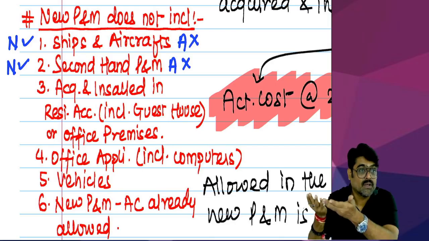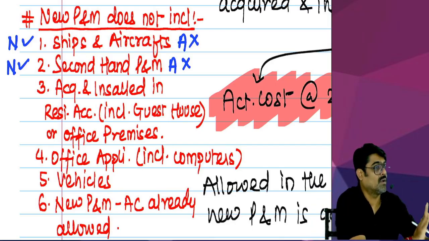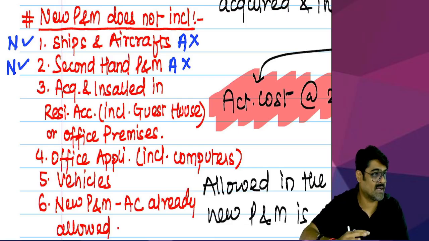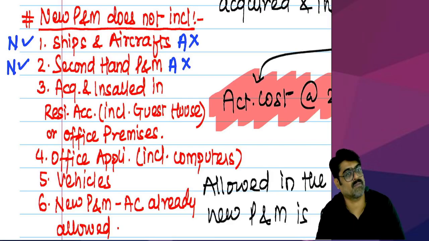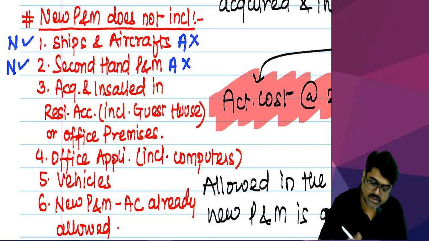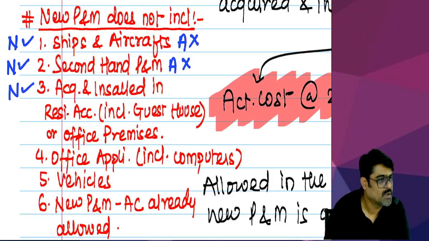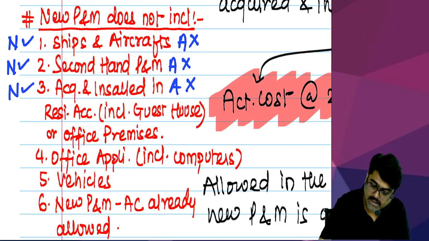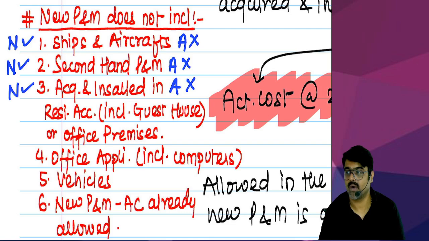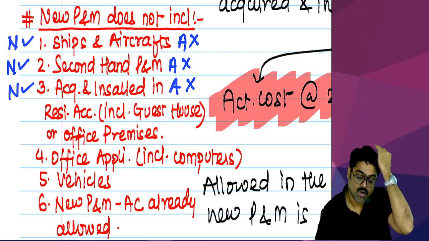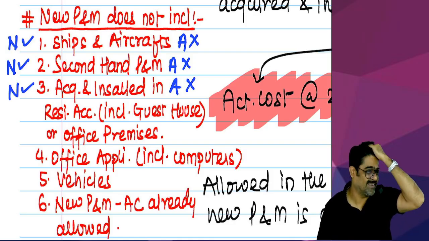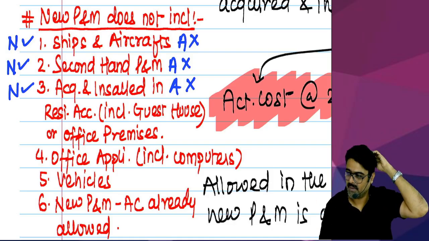They are not going to help you in manufacturing, or in power generation, distribution and transmission. So even if these are new plant and machinery, you are not going to get any additional depreciation. But since they are used in your business, we are going to give you normal depreciation. But don't claim any additional depreciation because they are acquired and installed in residential accommodation, including guest house, or office premises. Few examples of these types of plant and machinery can you give me?